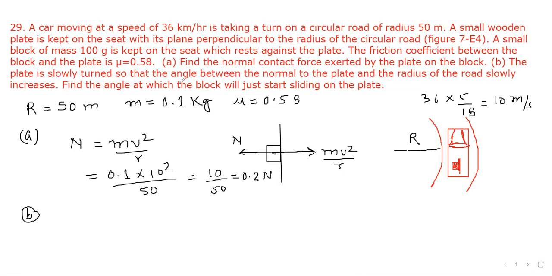Now, second case, when plate is slowly turned so that the angle between the normal to the plate and the radius of the road slowly increases. So consider the situation of the plate. Plate is this time like this, and block is here.